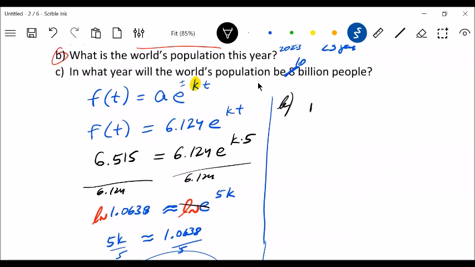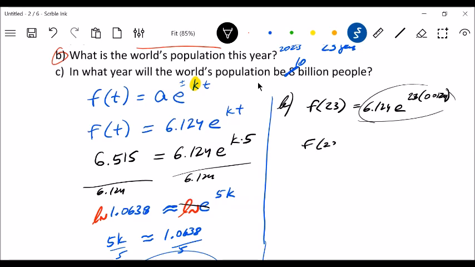Okay, so for B, the function based on 23 years is equal to 6.124 e to the power of 23 times 0.0124. So it's simply a matter of doing the calculations for this function at 23, and I'm going to put that in the calculator.